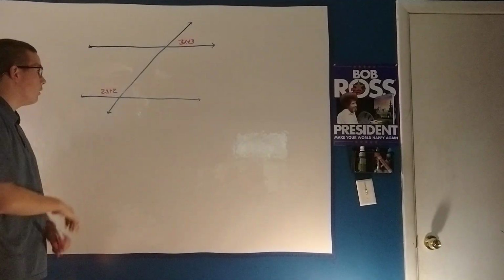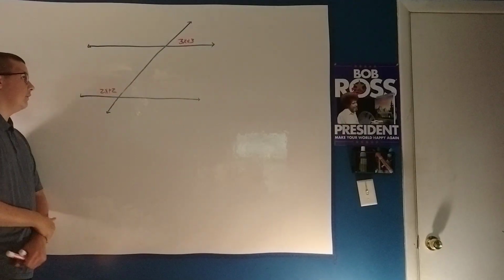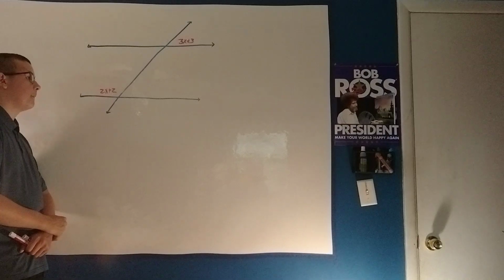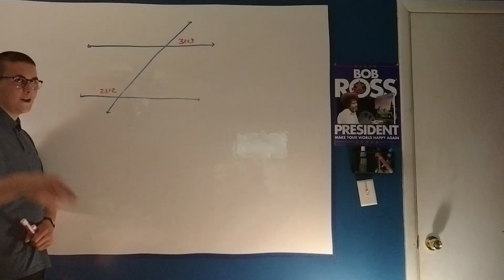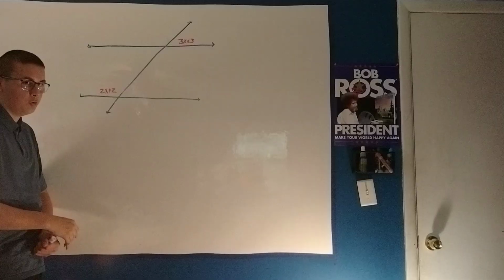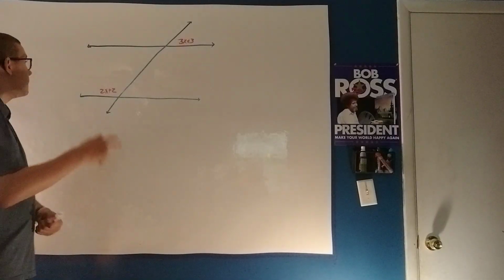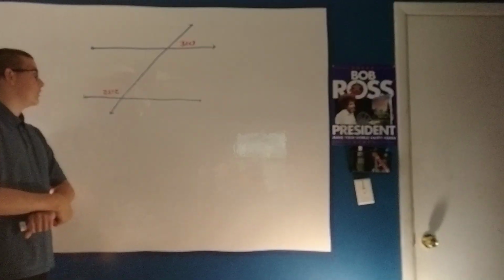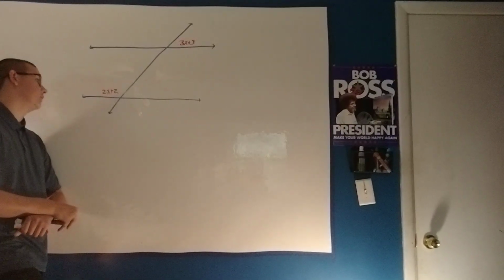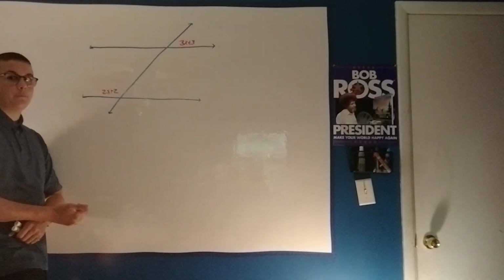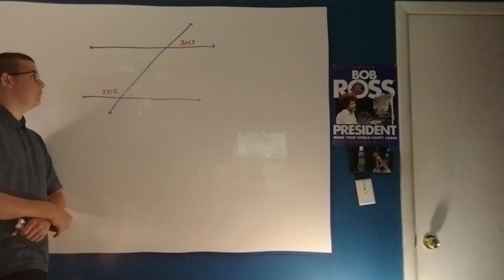So now, you have to determine whether these are supplementary or complementary. Or they won't be complementary. Complementary means they add to 90 degrees or 1/2 pi radian. Determine if these are supplementary or congruent, and then solve for x. So these are going to be supplementary.